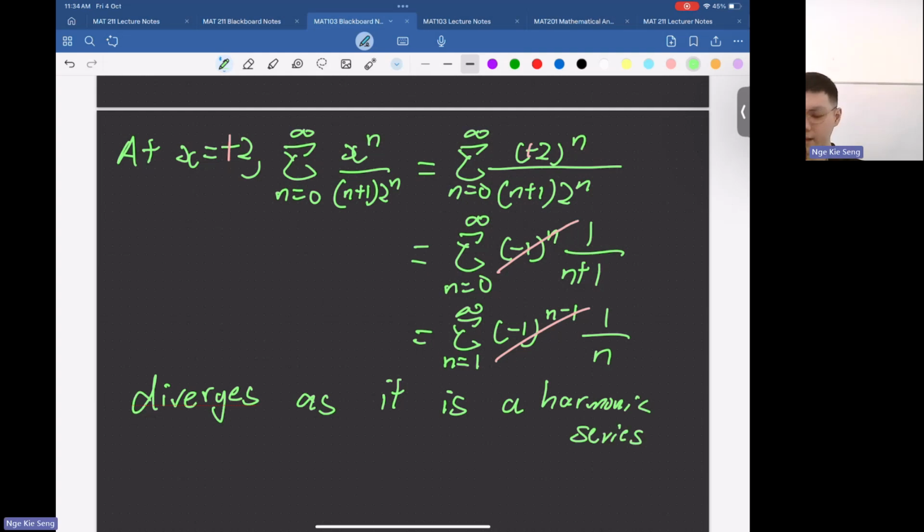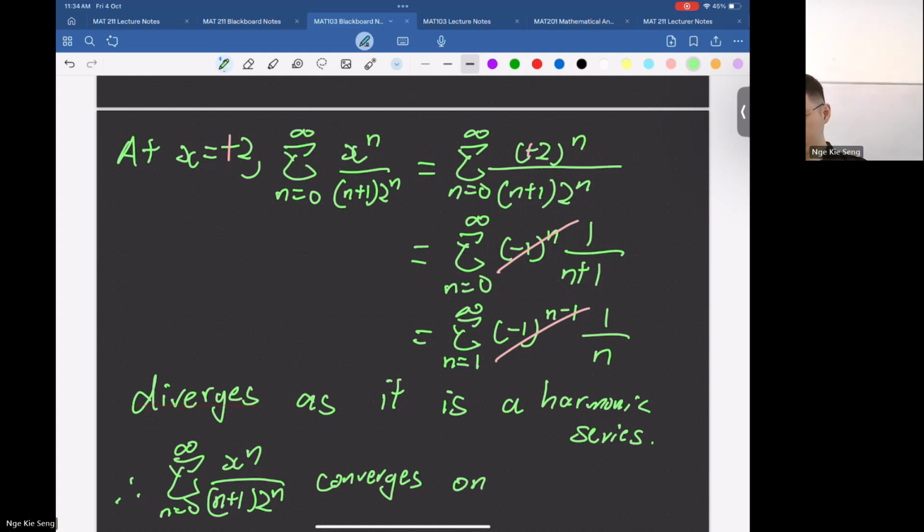Okay, so altogether, what do you say? You can say that this series starting from 0 converges for x in -2 inclusively up to 2 exclusively.